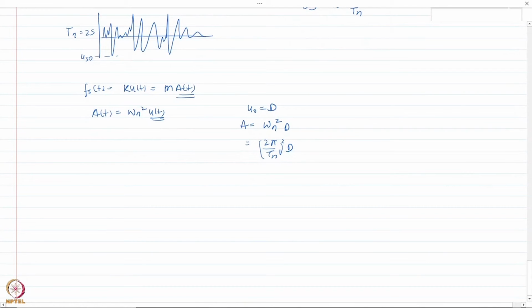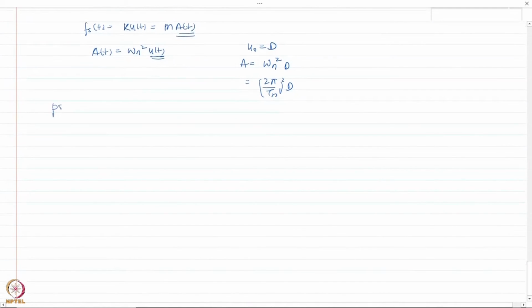Similarly, I can also define a new parameter called pseudo velocity, as V equal to omega n times u(t). Remember, there is only a single power of omega n times u(t). Now if you look at it, this quantity has units of velocity.